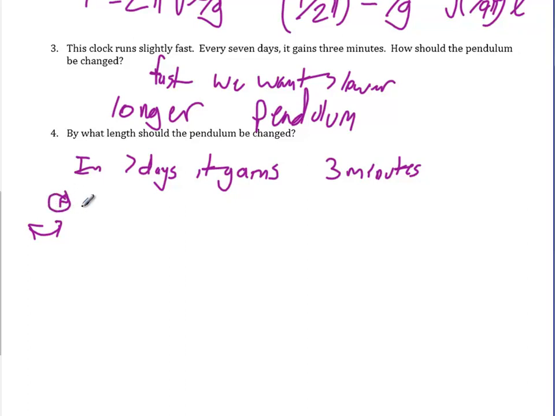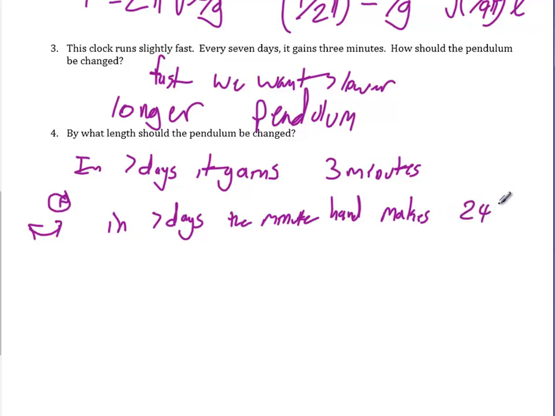What we should see is in 7 days, the minute hand makes 1 revolution per hour, and there's 24 hours per day, so 24 times 7 revolutions, or at least that's what it should make. 7 times 4 is 28, and 7 times 2 is 14.